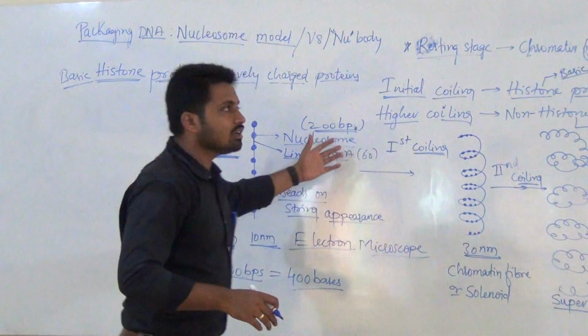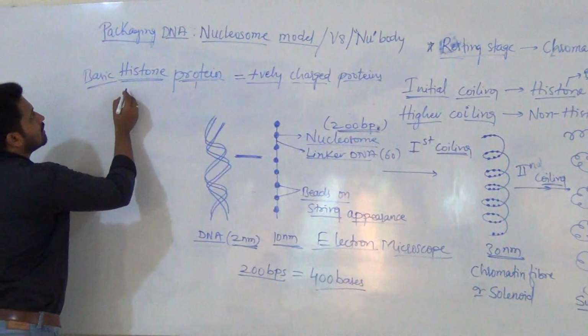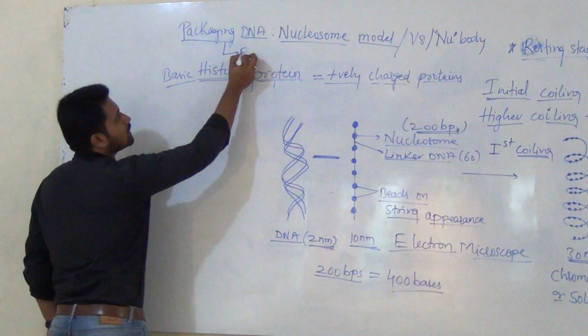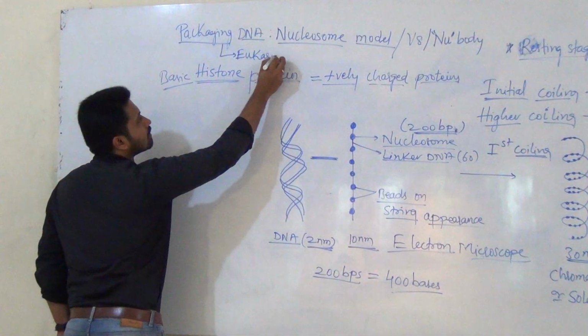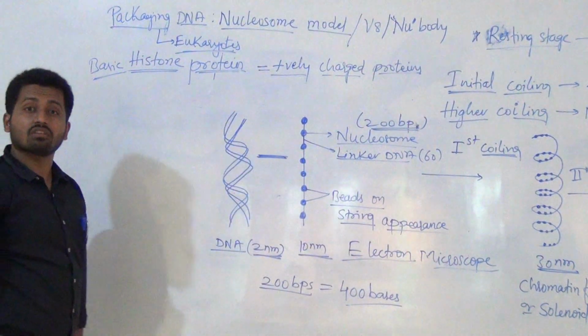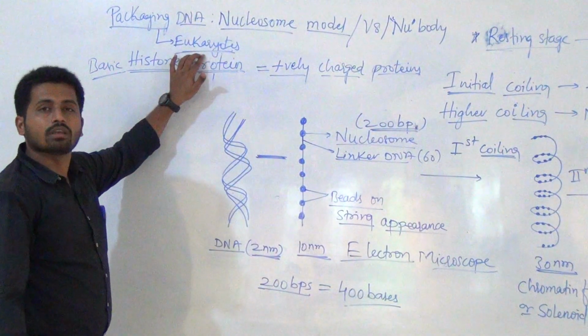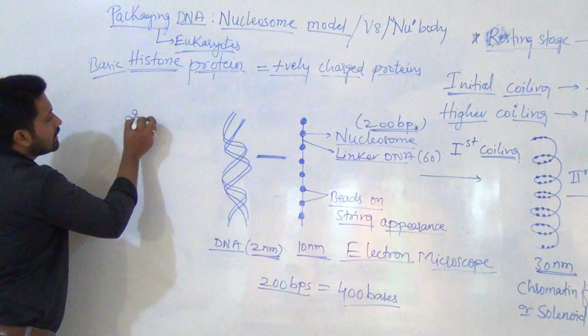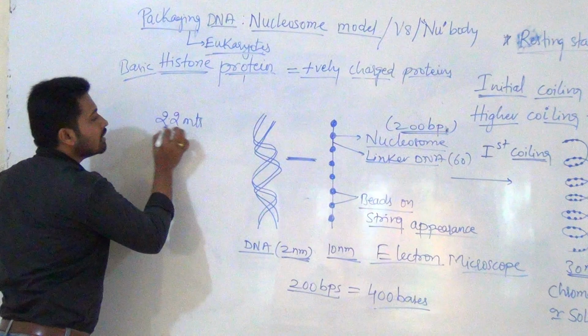This is seen in which animals? Nucleosome is very important in eukaryotes. In eukaryotes, packaging of DNA, we all are eukaryotes. What is our length of DNA? It is 2.2 meters.